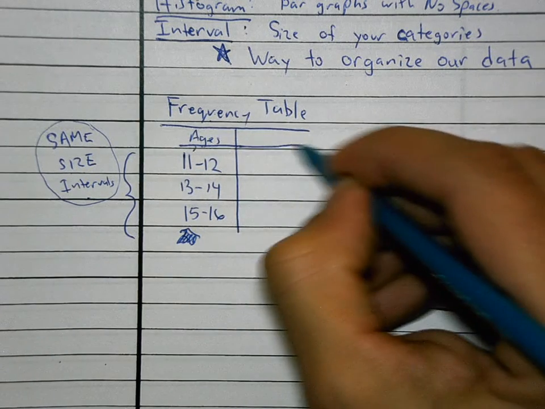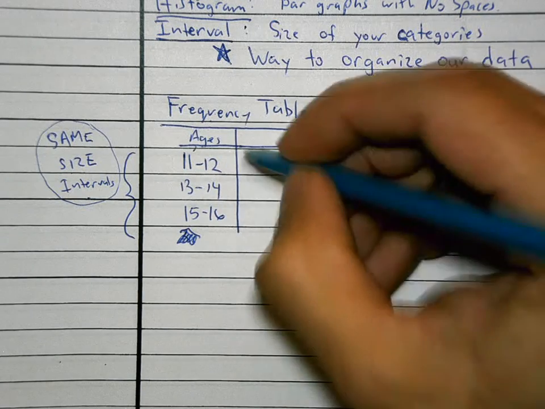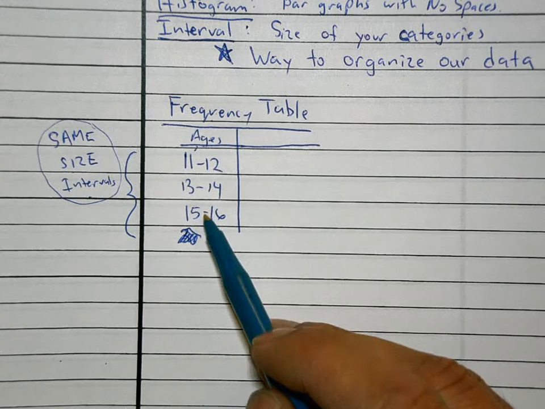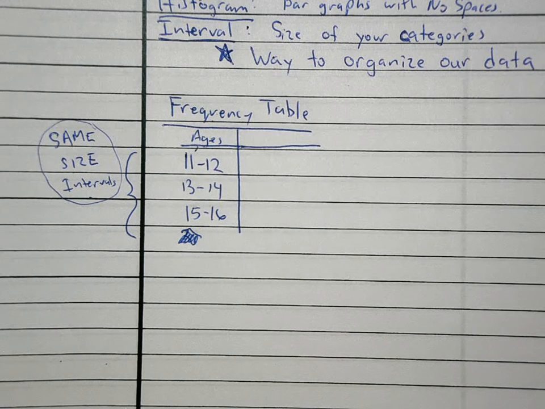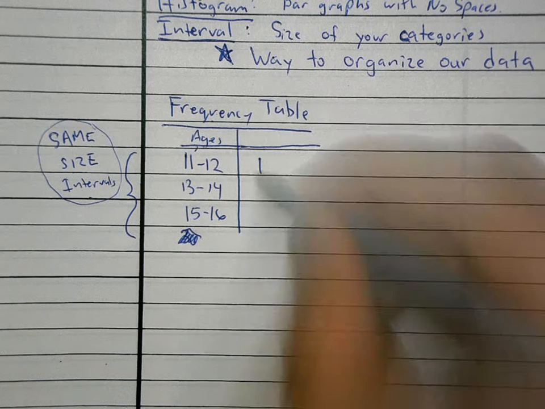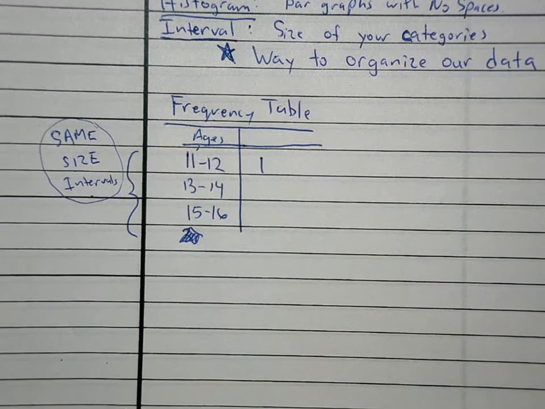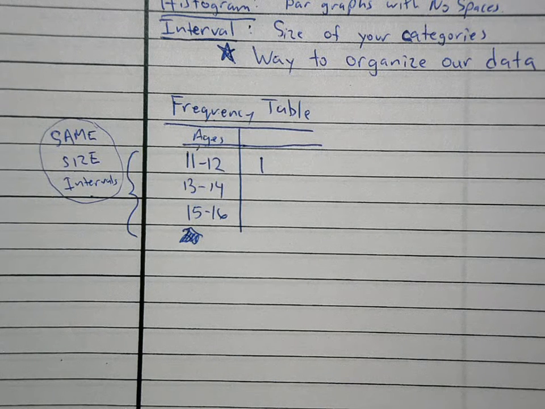Now, frequency means how many. Okay, if you are 11 or 12 years old, please raise your hand. 1. That's how many we have. That's a frequency. If you are 13 or 14, please raise your hand. 1, 2, 3. Okay, high, please. 1, 2, 3, 4, 5, 6, 7, 8, 9, 10, 11, 12, 13, 14, 15, 16, 17.